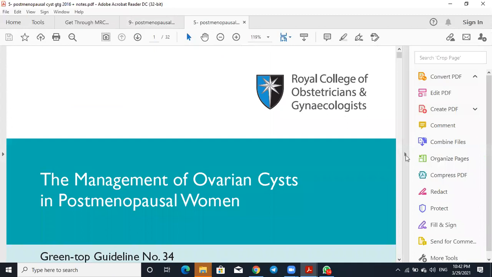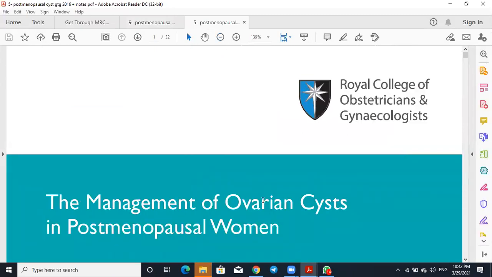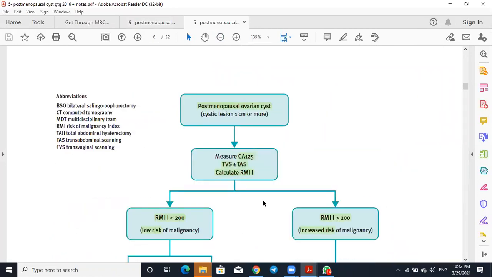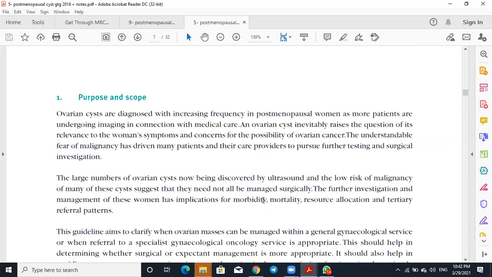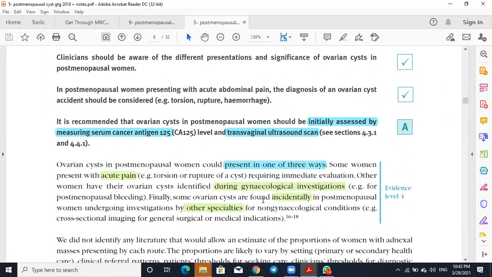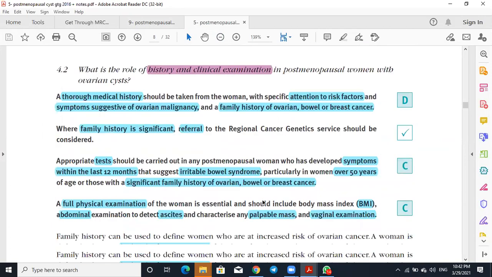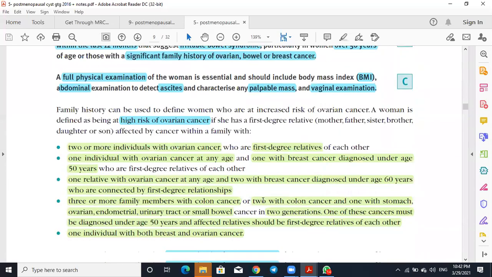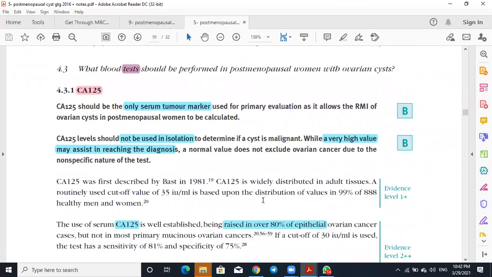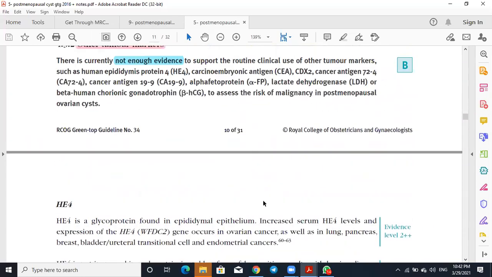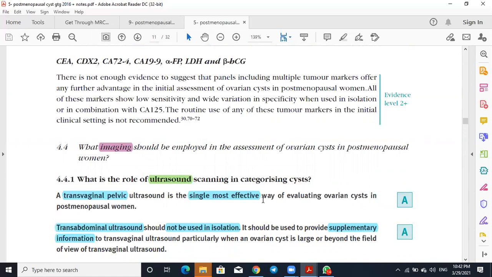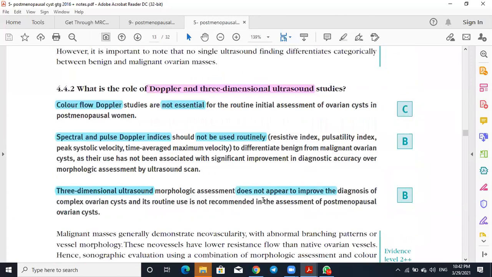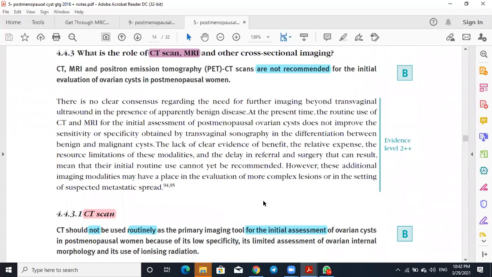I'm sorry, because with my notes it is easier for me to identify the points. So we will go for management.